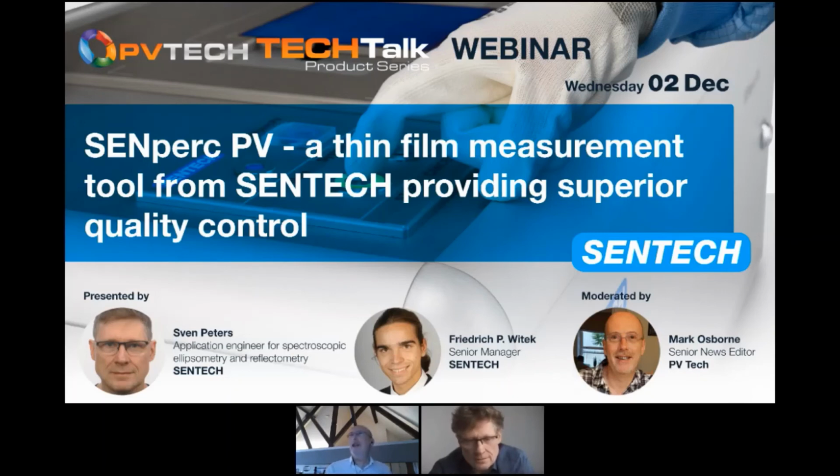Another recurring theme here, and I guess it's related to what I was saying about the sample frequency. Can the measured solar cells actually be put back into the processing steps again? It's not damaged in any way. Yeah, there's no damage.